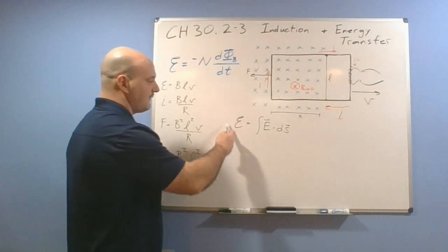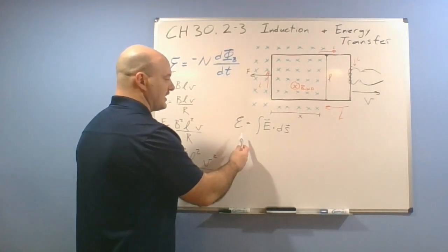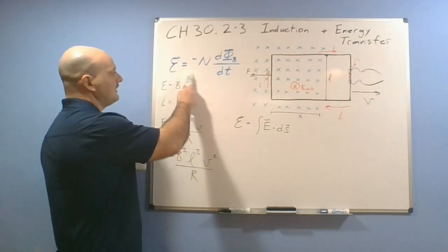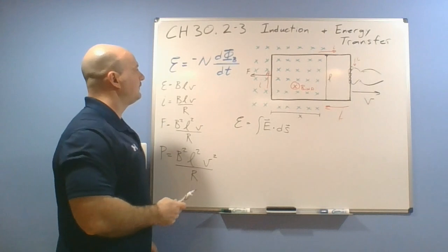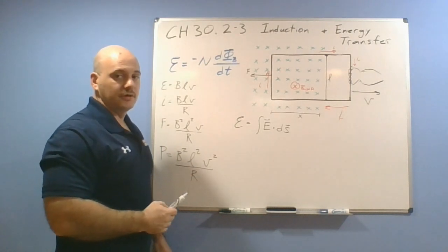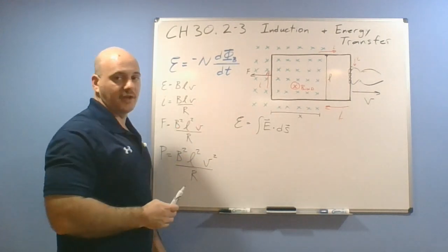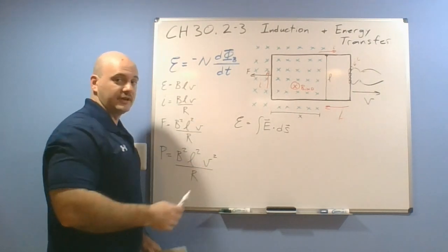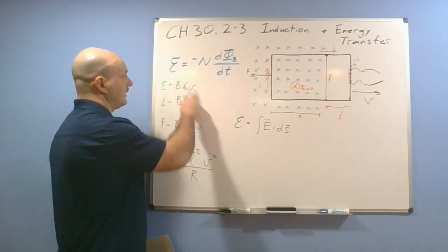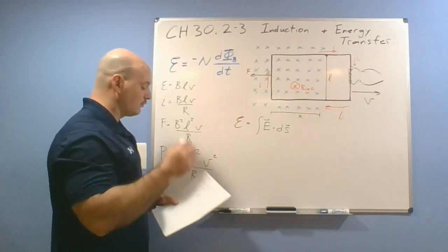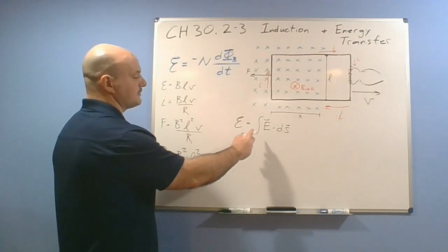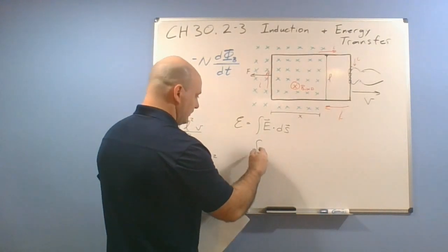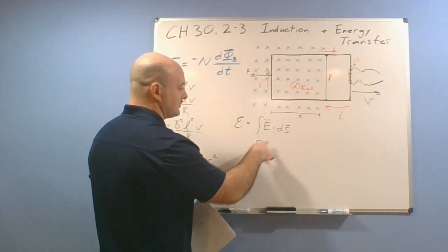So essentially, we have this definition of electric potential based on the electric field, and we have this definition of electric potential based on a changing magnetic flux. And both of these, right, we can equate since they're electric potential. So we can rewrite Faraday's law in terms of an electric field. We can say that the integral around a closed loop, this is a closed loop, right?